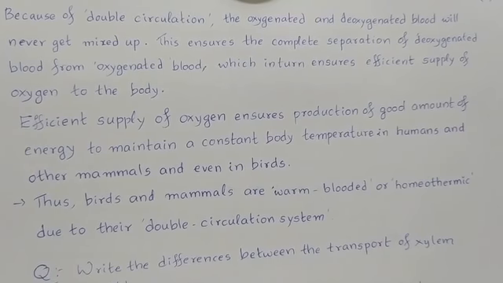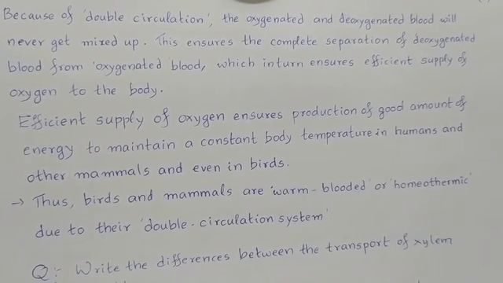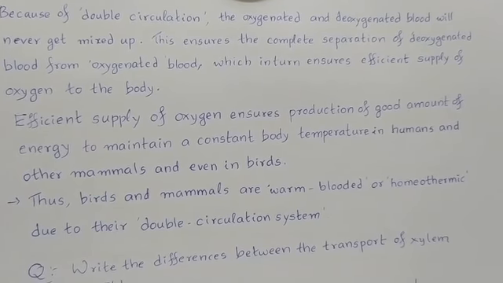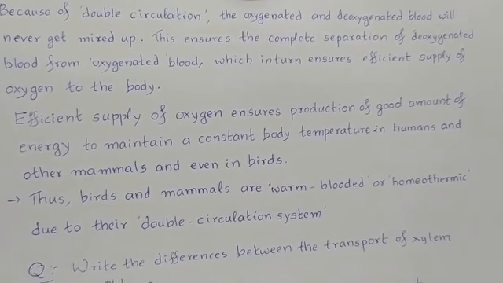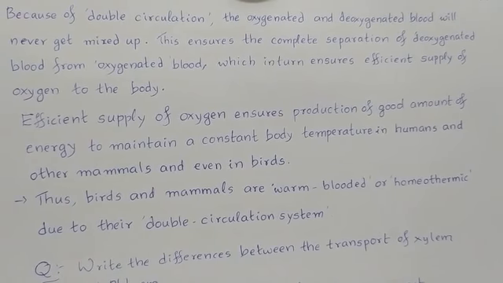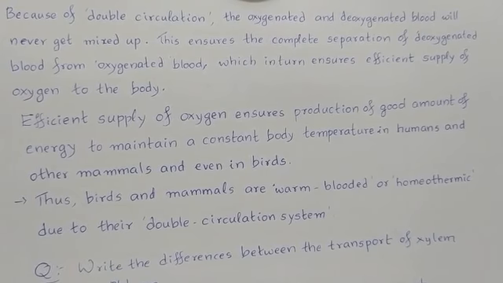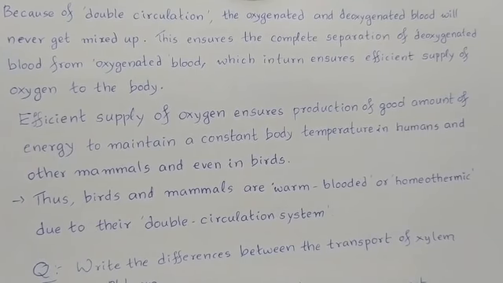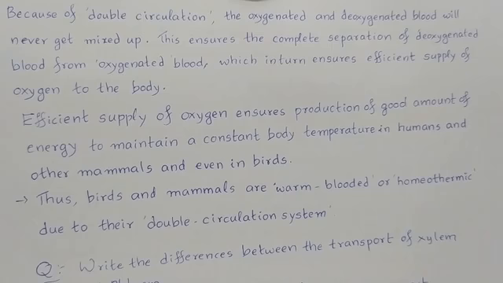Because of double circulation, the oxygenated and deoxygenated blood will never get mixed up. This ensures the complete separation of deoxygenated blood from the oxygenated blood. When the deoxygenated blood is completely separated from the oxygenated blood, this in turn ensures efficient supply of oxygen to the body.